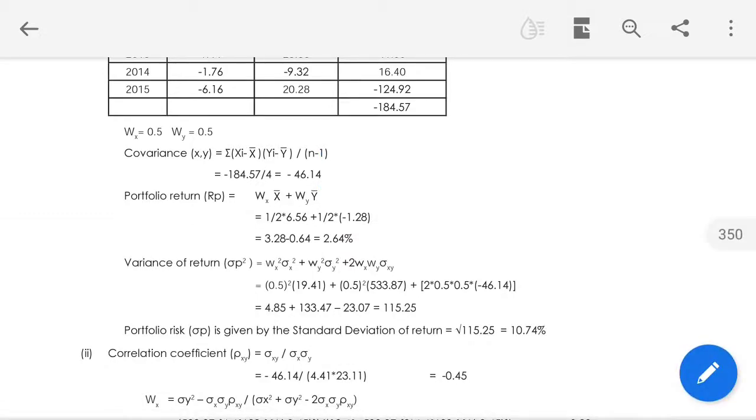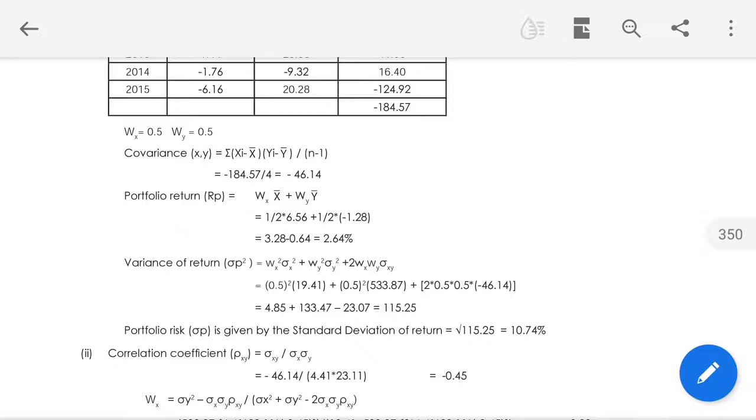So when we do that, weight is 0.5, that can be written as 1 by 2. So either we can write 1 by 2 or 0.5 into 6.56 plus 0.5 into minus 1.28. The net answer is 2.64, the expected return from the portfolio of these stocks X and Y. Variance of return: while calculating variance, we are applying square.